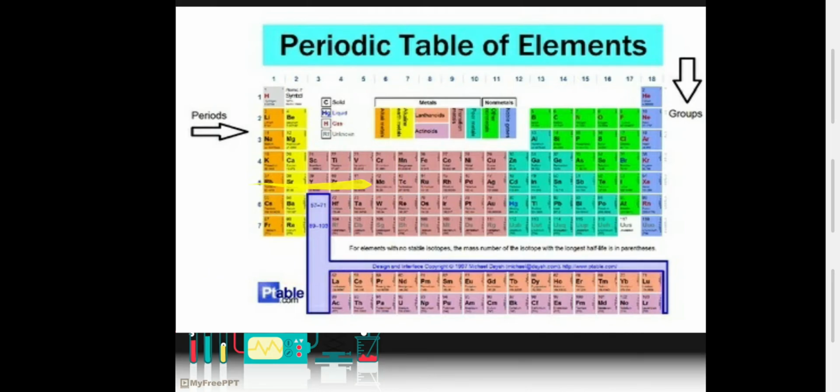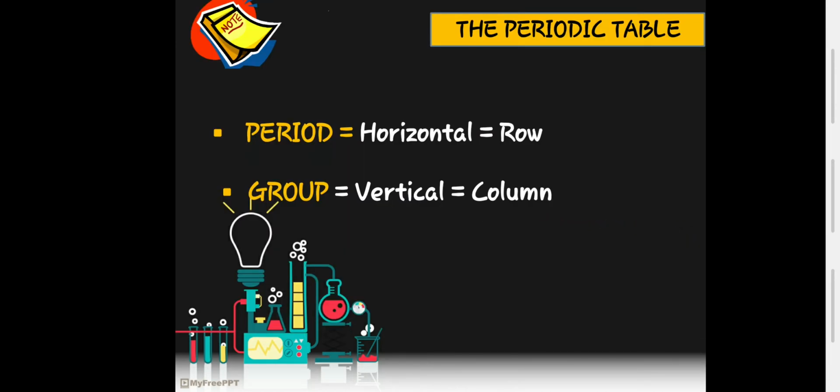If the elements are arranged like this, it is a vertical column, or it is included in a group. Okay? Again, a period is horizontal like this. Follow my hand, like that. When we say vertical, we have it like this. That is vertical. The line goes straight up and down. Okay, continuing our discussion.